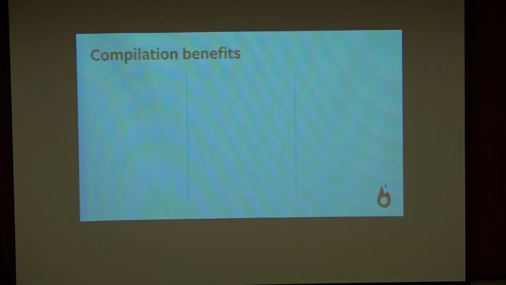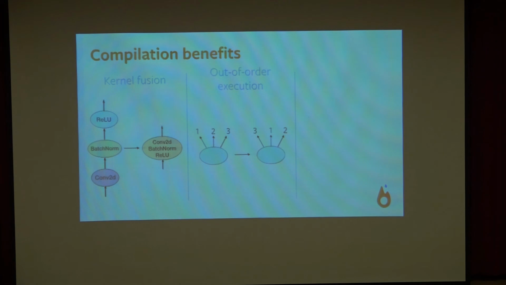So with our JIT compiler, we expect to do things like kernel fusion, some out-of-order execution, and also in the future automatically using as much compute as you have rather than you manually specifying.